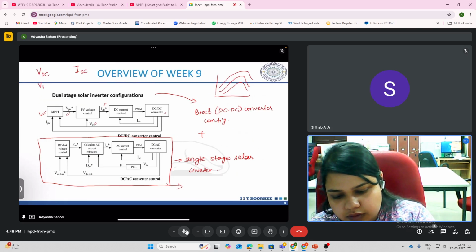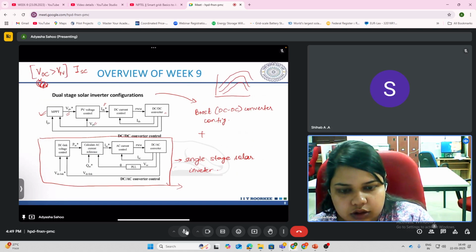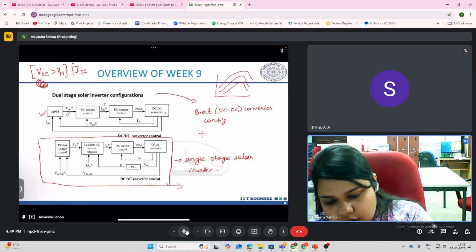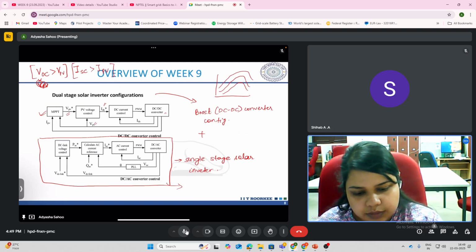Now the VPV should always be below this VOC. Let me write it this way: VOC is always greater than VPV because that is the limit of the panel. And similarly, the PV current should be less than the short circuit current of the panel.